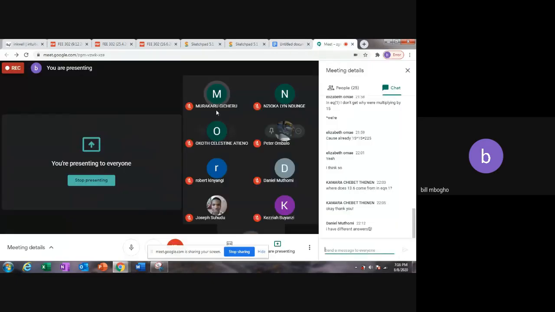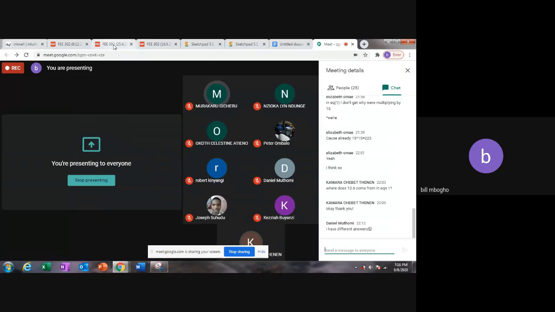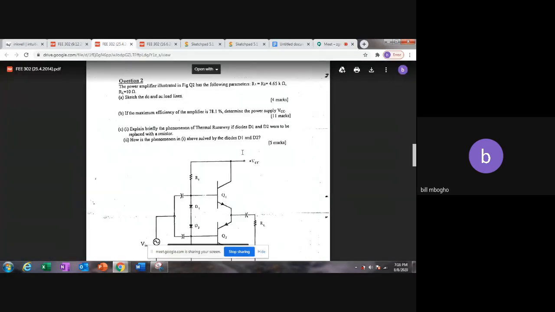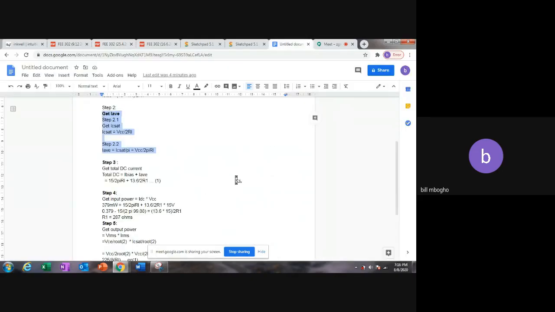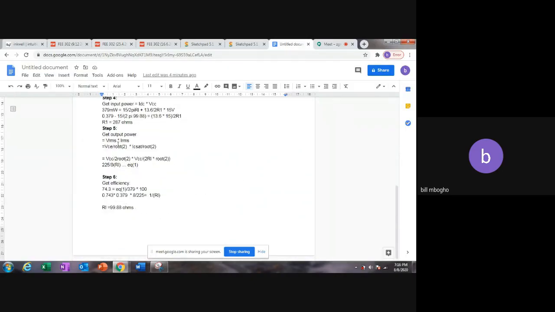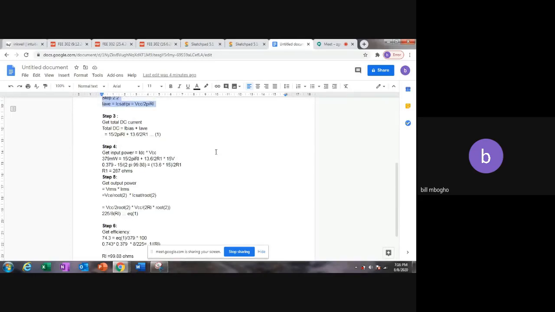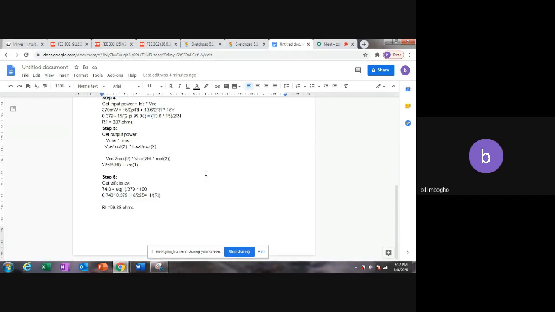Not that what Kamara said is wrong, it's actually completely correct. Whatever value of IC we consider, it either completely ruins our results, because in the part for getting the efficiency we're going to have infinite input power, so it's going to be a 0% efficient amplifier.